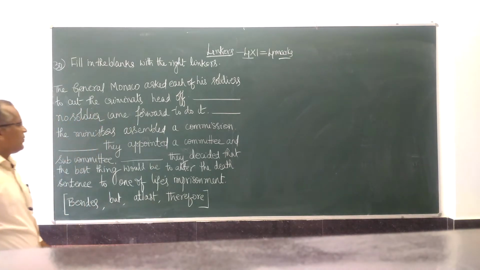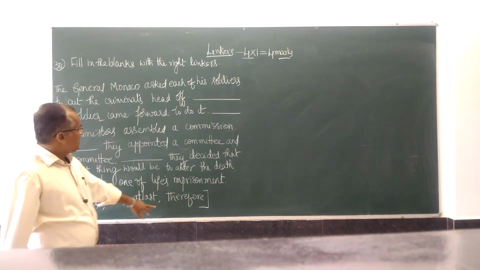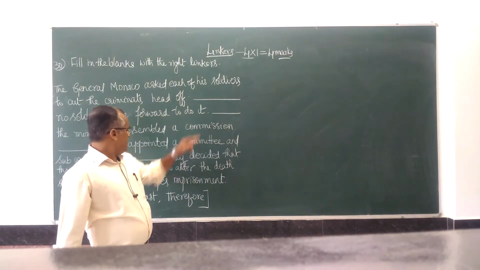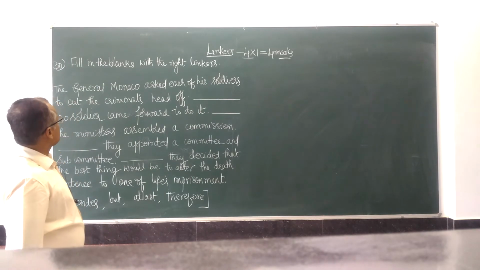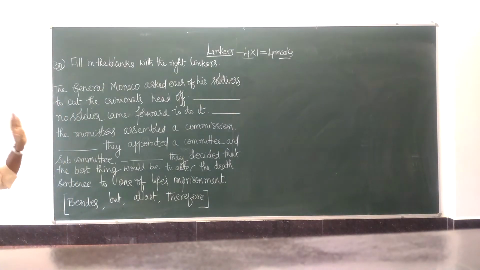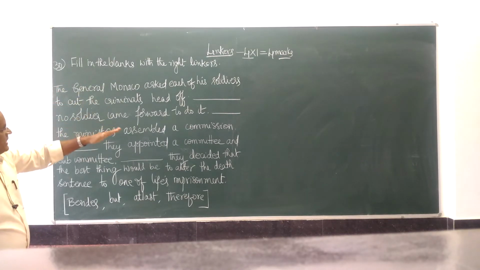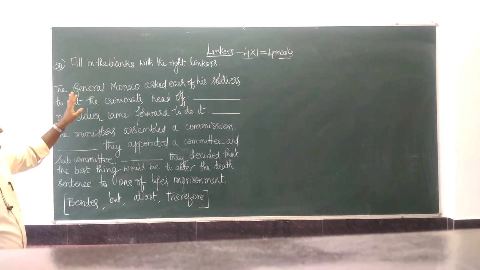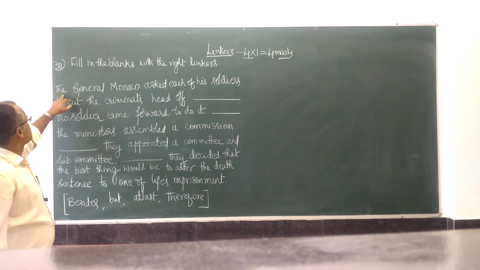These are the 4 different options given here. We have to use any one of them for the respective blanks, and that should be a suitable linker. Let us read the entire paragraph and understand which can be used in the respective blanks.